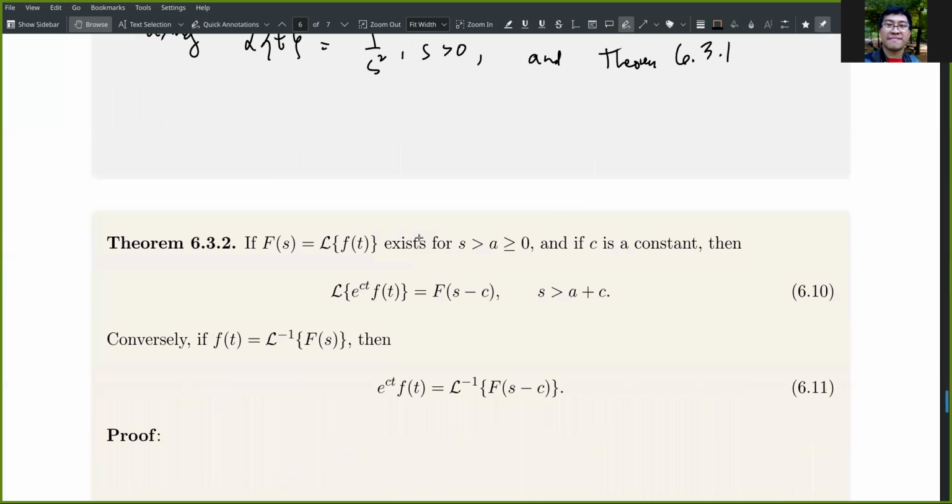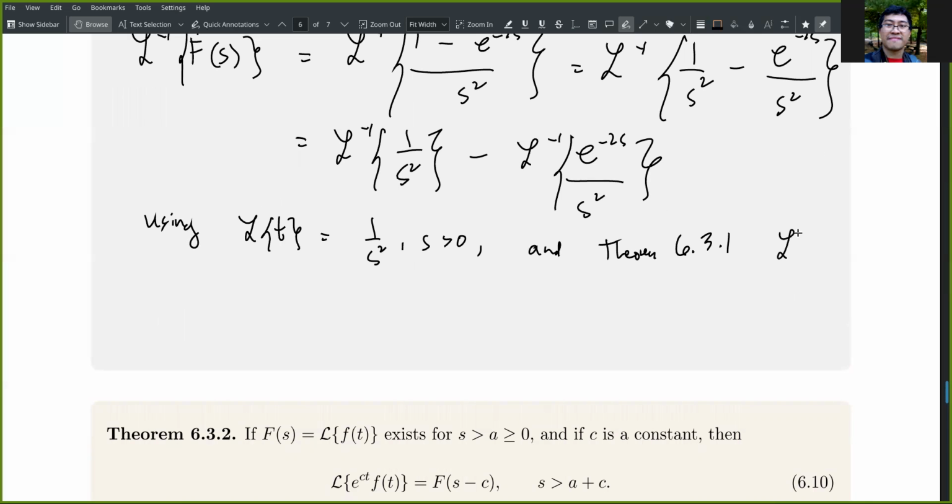So in our case, we can write that as the inverse Laplace transform of e^(−cs) times 1 over s squared, equal to u_c(t) f(t minus c). Here, 1 over s squared is our F(s).